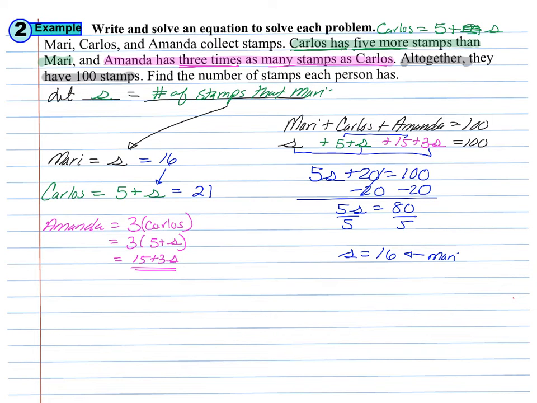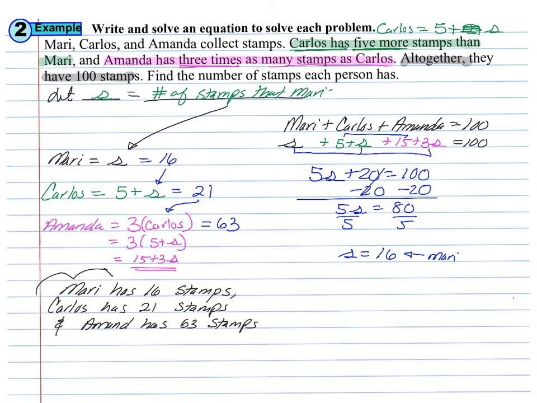And then we know that Carlos was 21, so 21 times 3 is going to be 63 stamps. So our final sentence is going to be Mari has 16 stamps, Carlos has 21 stamps, and Amanda has 63 stamps. So this is our final answer.